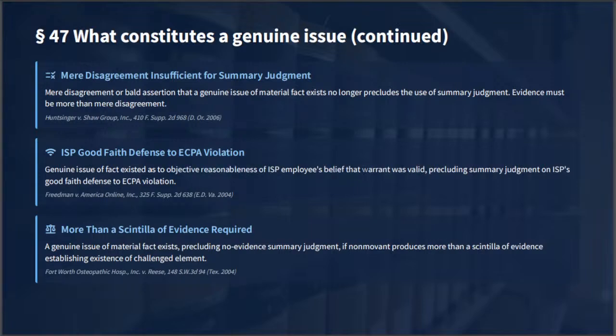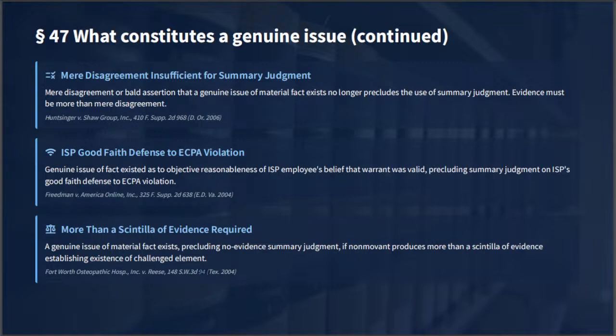That precludes summary judgment on the ISP's good faith defense to ECPA violation. So yeah, genuine issue of fact. That's Friedman versus America Online, 2004.